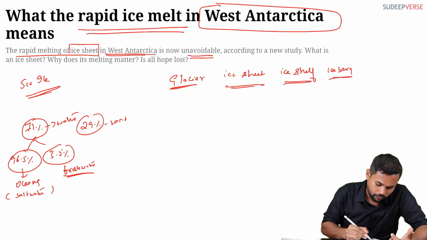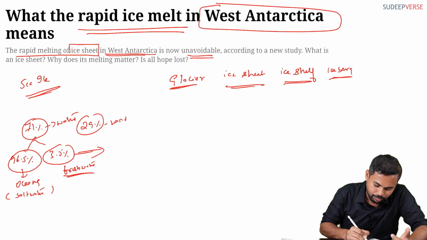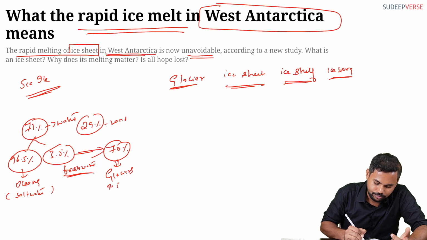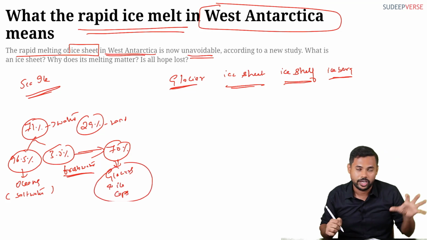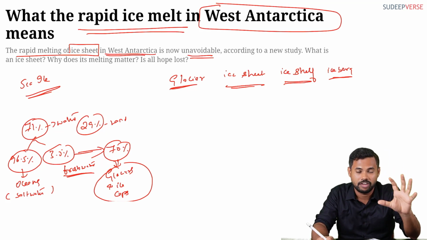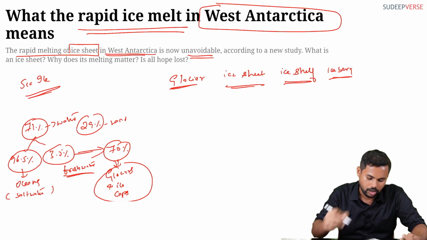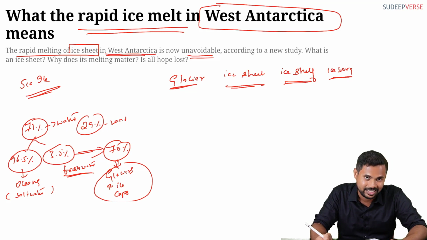Okay, now if you take this 3.5% of fresh water, 70% of this fresh water is locked in glaciers and ice caps. Okay, that is why I gave you this introduction. So overall, if you take 3.5% of the fresh water that is left on earth, in this 3.5% of fresh water, 70% of it is locked in glaciers and ice caps.